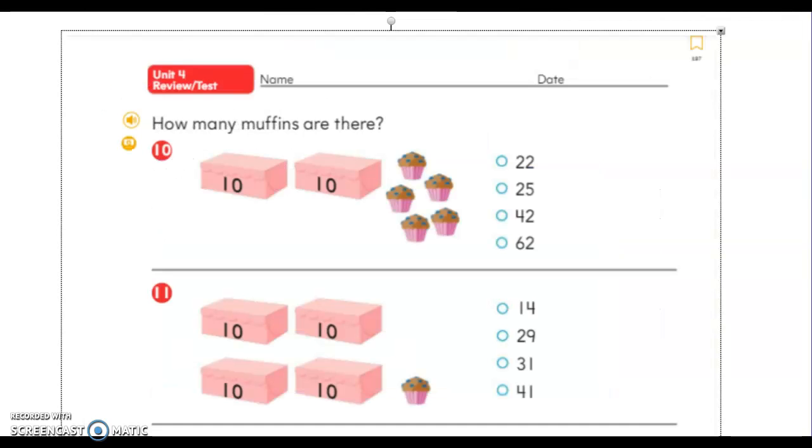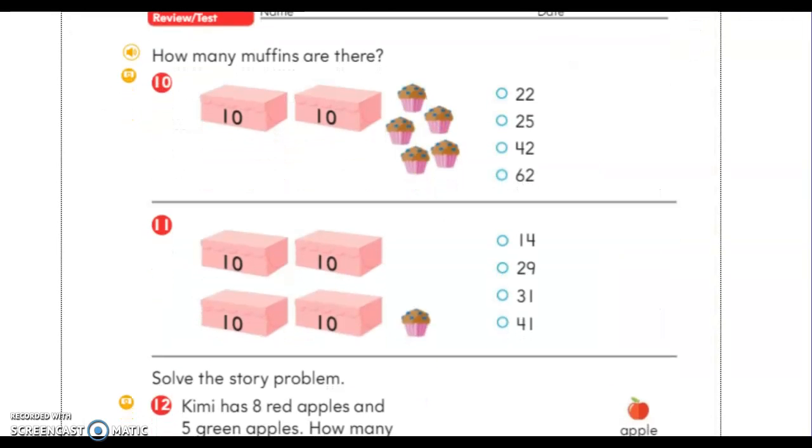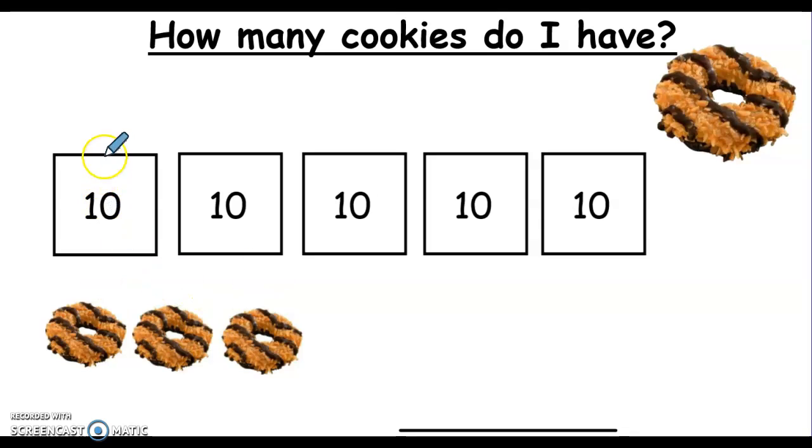Okay, the next part of the review, this is called multiple choice, which means you have many choices and you have to pick which one is correct. So we have to find out how many muffins there are. So this shows that there's 10 in this box. So we would count them similar. I'll show you this one so I don't give you the answer. Okay, so these would be like boxes of cookies.